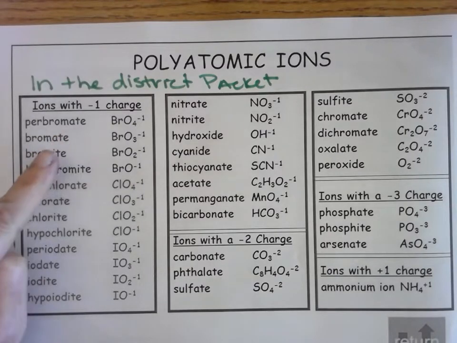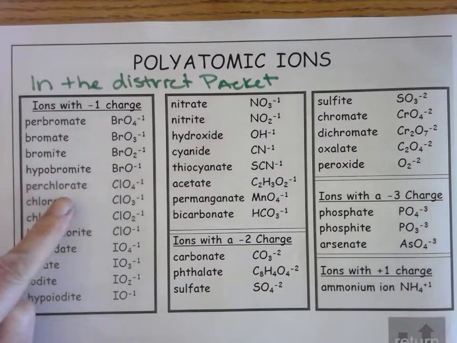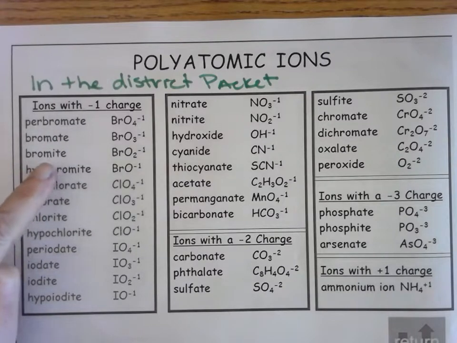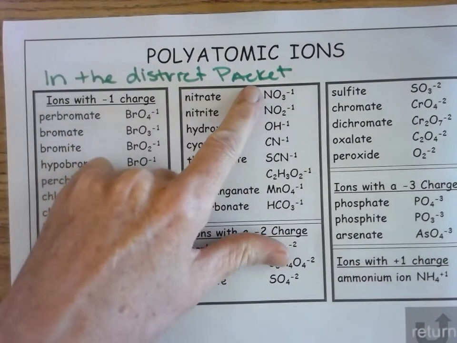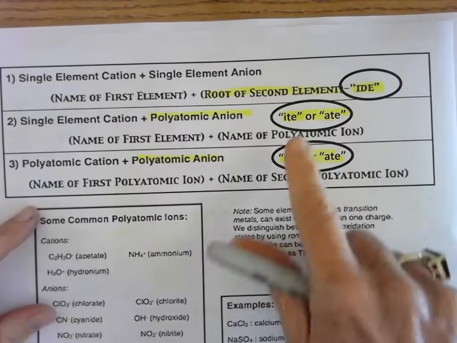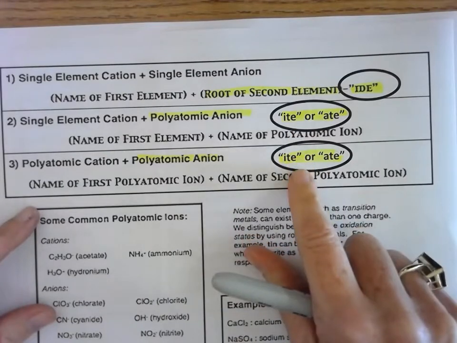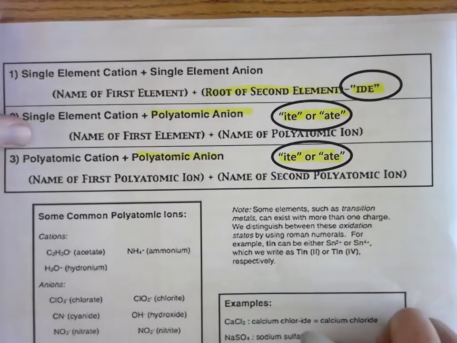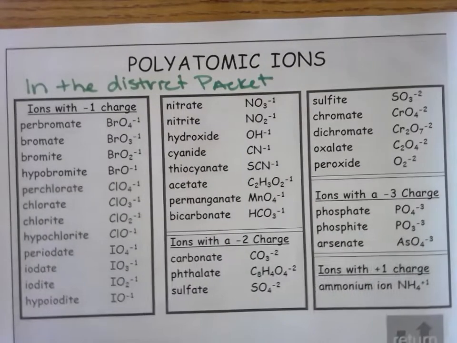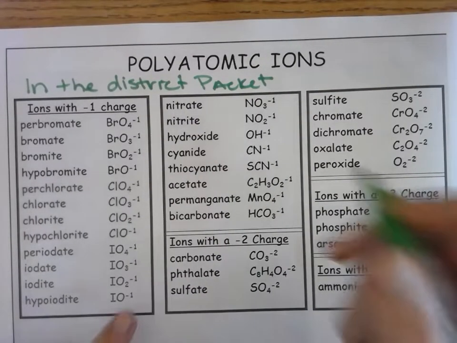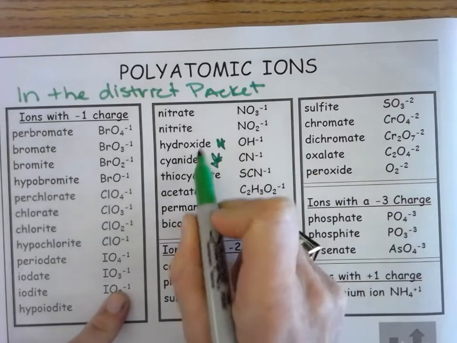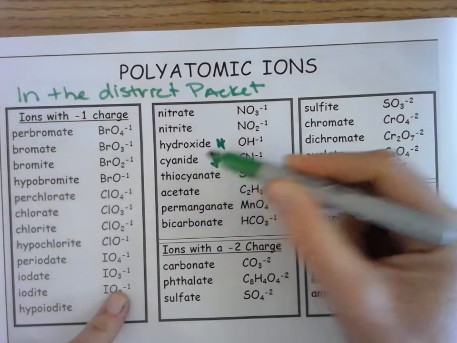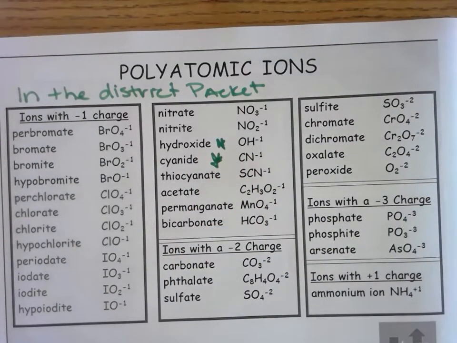See how they end in ate and ite. They are polyatomic ions, so they have the endings ite and ate. Except for really old ones, we have hydroxide and cyanide. They are polyatomic and they end in ide because they're really old.